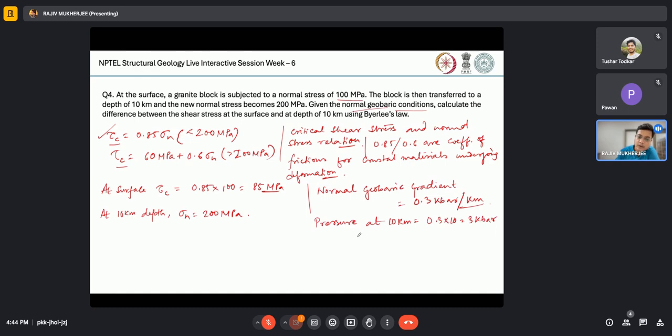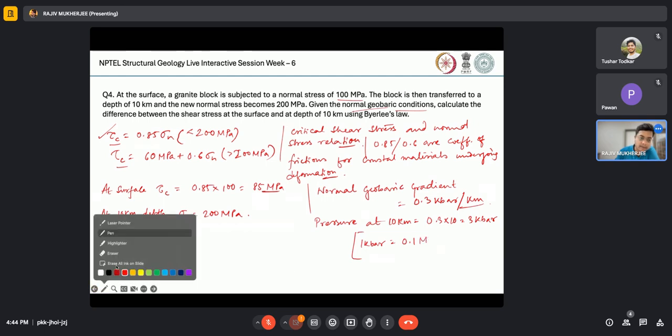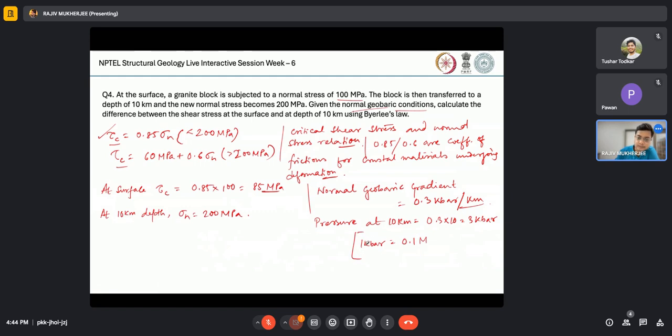Now you remember the condition, 1 bar is equal to 0.1 megapascal.